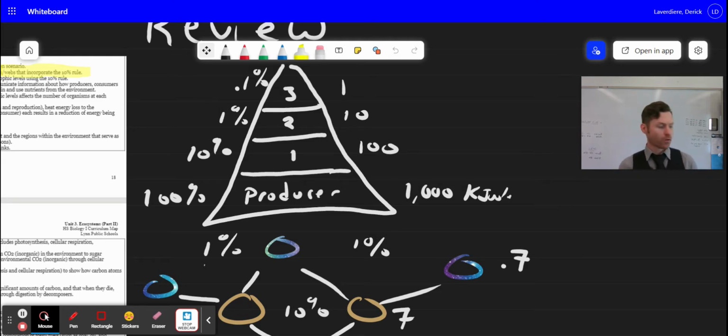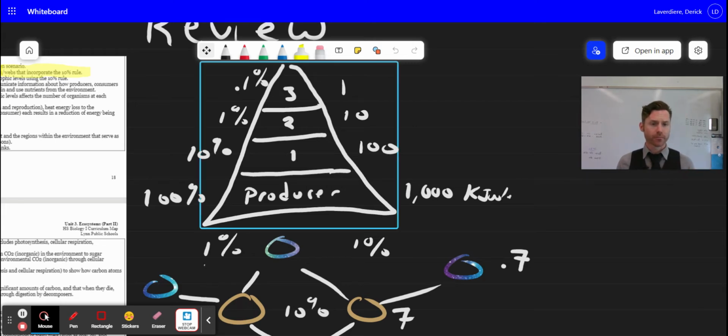Right? And so when the producers make the energy doing photosynthesis or chemosynthesis, we can think of them as having 100% of that energy since they made it. Right? When the primary consumers eat those producers, they only get 10% of whatever energy was originally available.